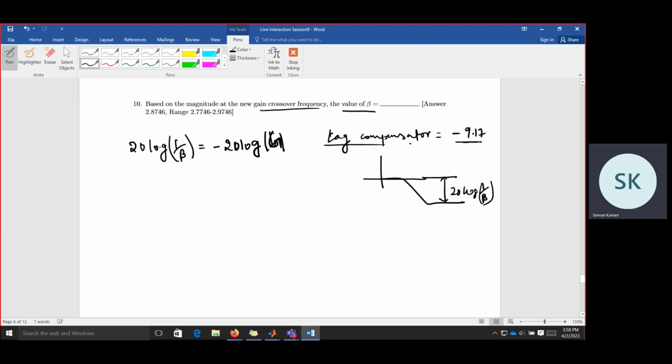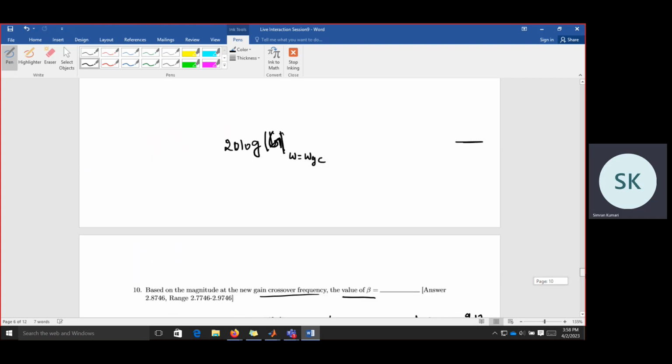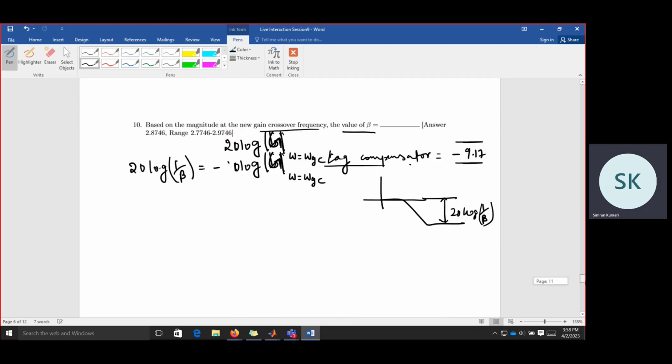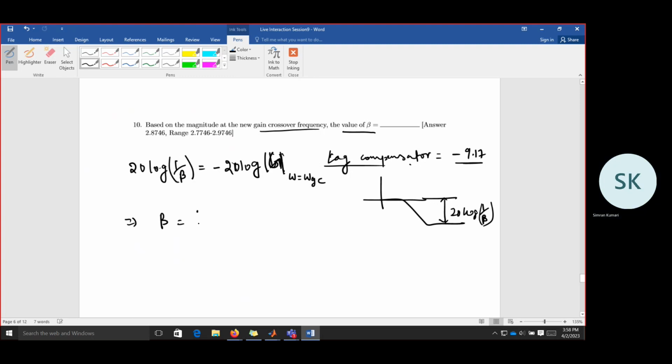Because we have found it from MATLAB, we'll just see at omega equal to omega GC, the new frequency that we have found, what is this? Okay, so for this one, this beta will be equal to G(s) at omega equal to omega GC.